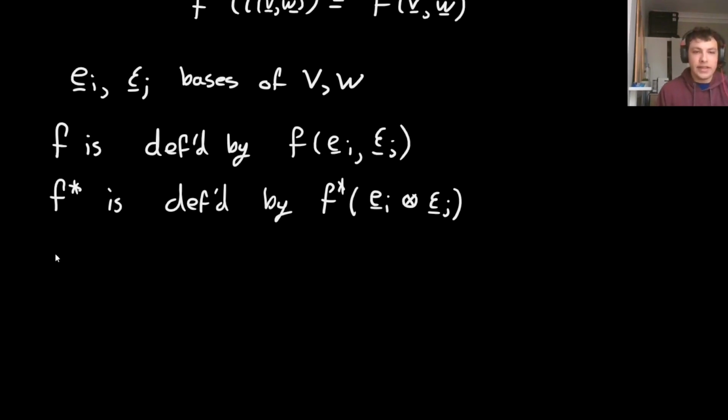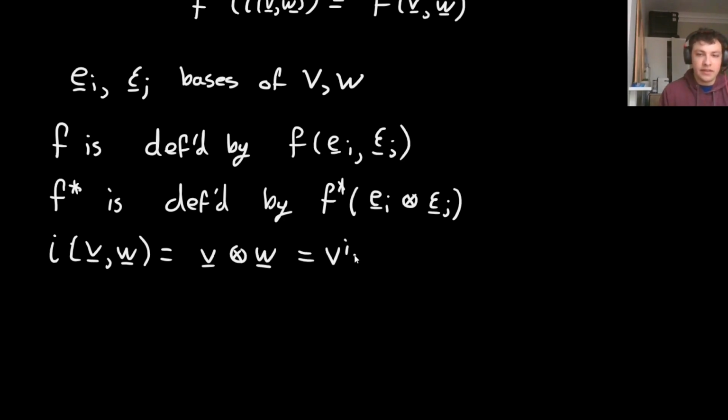Then we can say that I of v w is just going to be v tensor w, so that's going to be v_i w_j e_i tensor epsilon_j, as our map there.